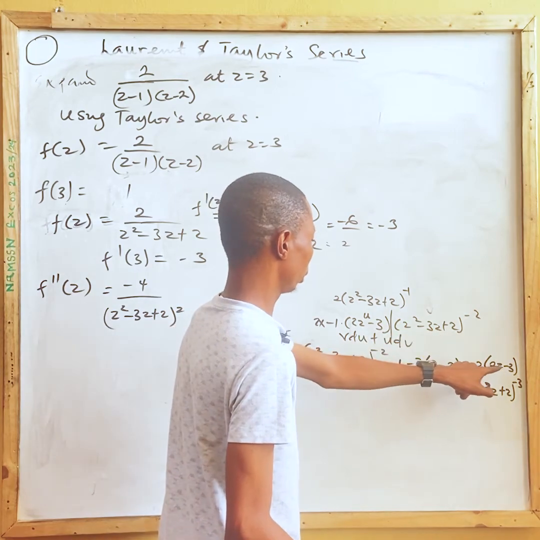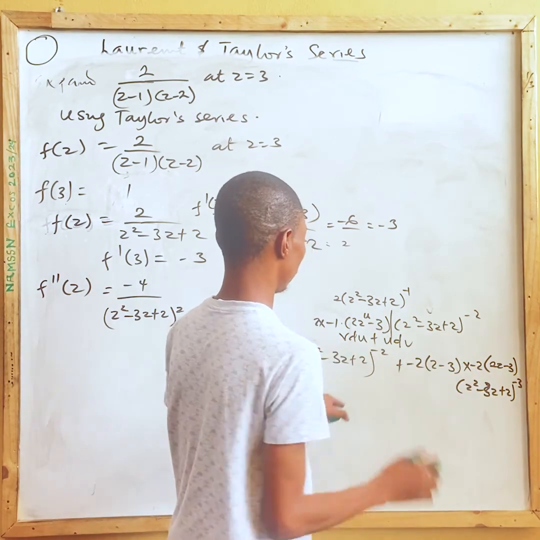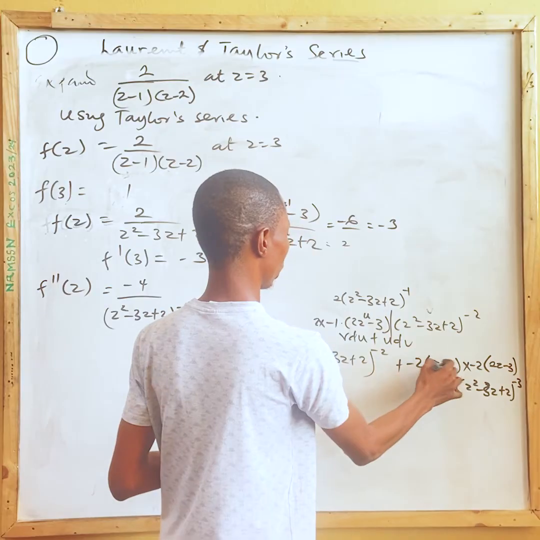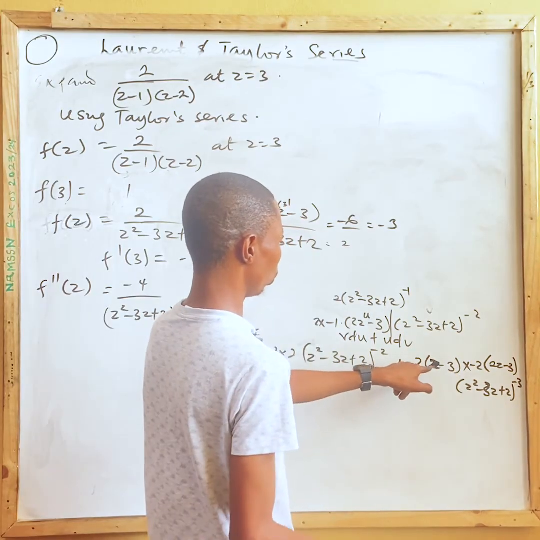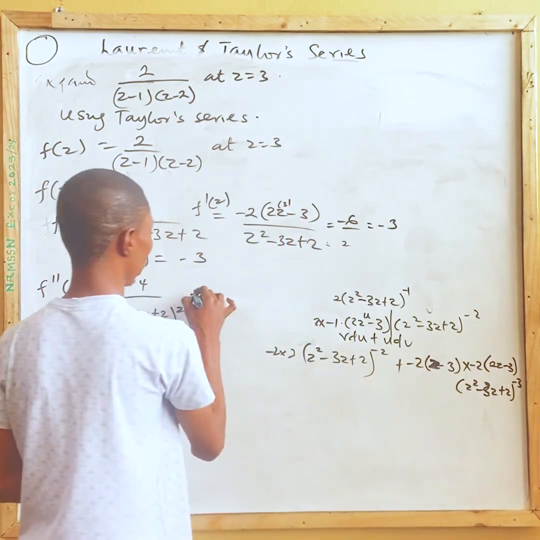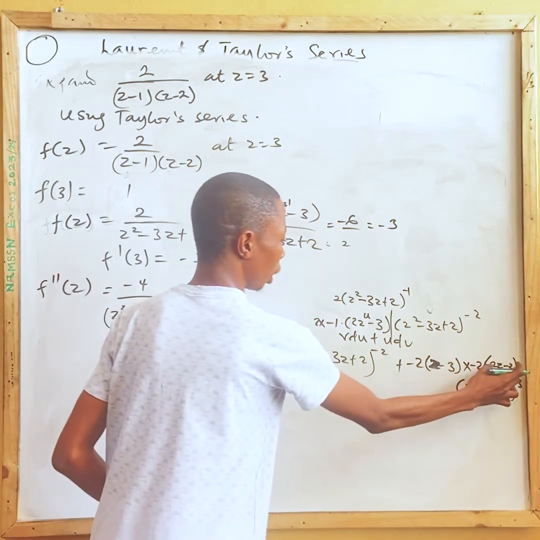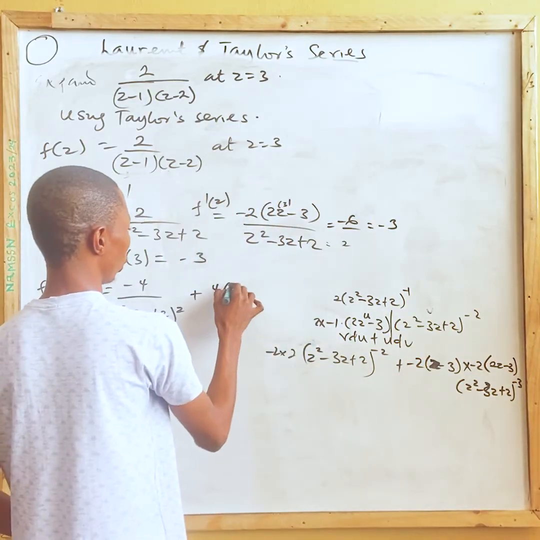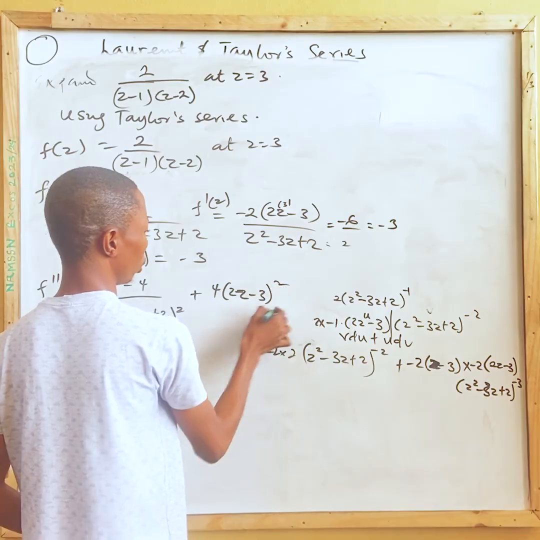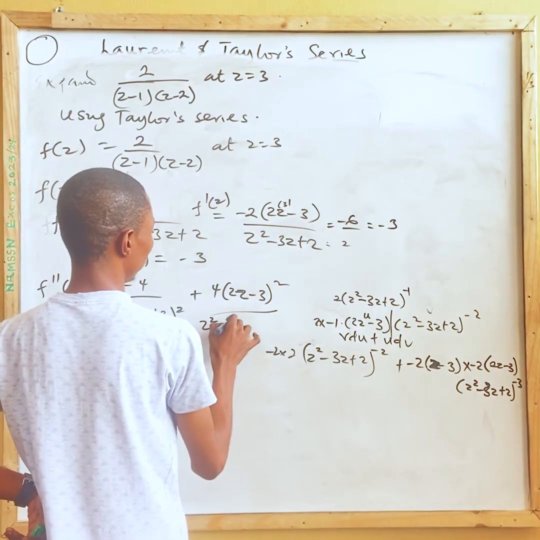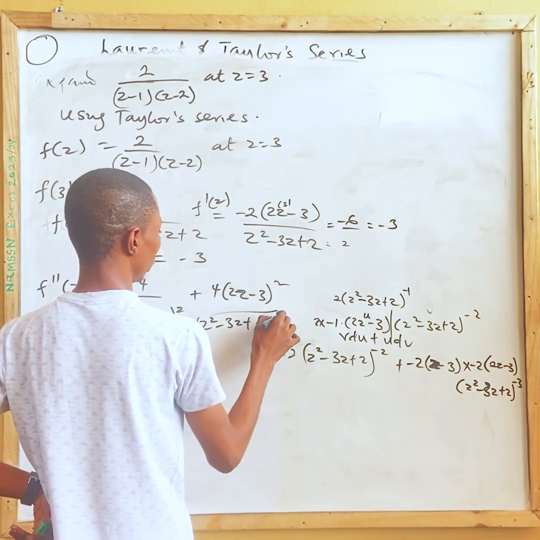Differentiate this, write this. So this is 2z minus 3. So minus 2 times minus 2, that's plus 4. This will be plus 4, and this, that's 2z minus 3 all squared all over z squared minus 3z plus 2 raised to power 3.